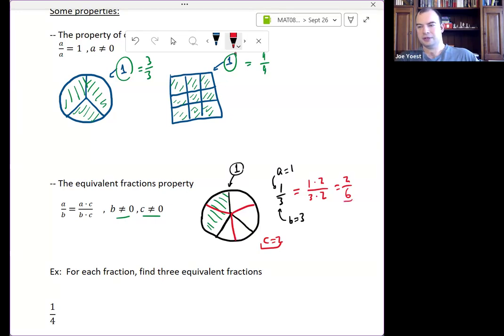Well, I now have 6 total slices. There's 1, 2, 3, 4, 5, and 6. Equal sized. I'm not a great artist, so they don't look super equal sized, but we're imagining they are equally sized. And I have now actually 2 of those slices selected, because the original bigger slice I selected got cut in half. So now I have 2 of the new smaller slices that I've selected.